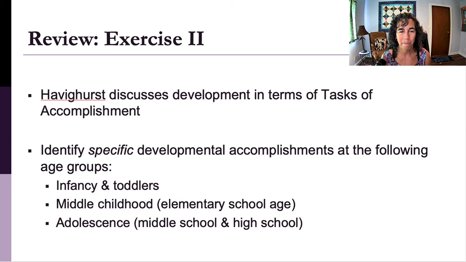All right, so the second one, all of that being said, is to identify specific developmental accomplishments of infants and toddlers, middle childhood, and adolescent. So look through what he says about physical maturation, personal values, and pressures from society.